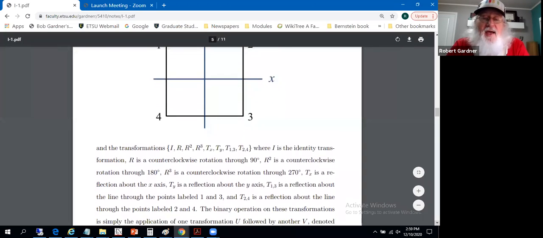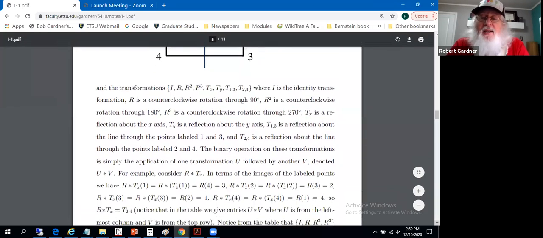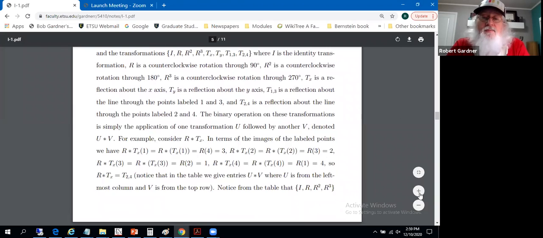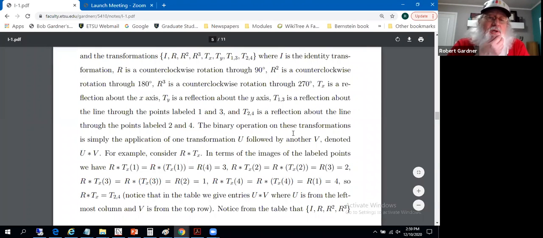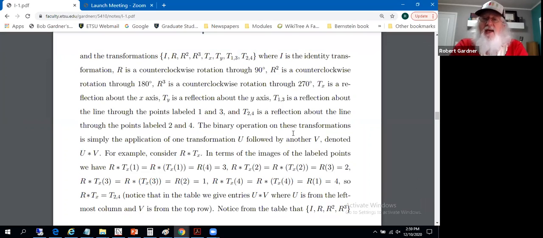And in fact, we could define a binary operation. The binary operation on these transformations is really function composition. So we'll compose these transformations as functions on the numbers 1 through 4.